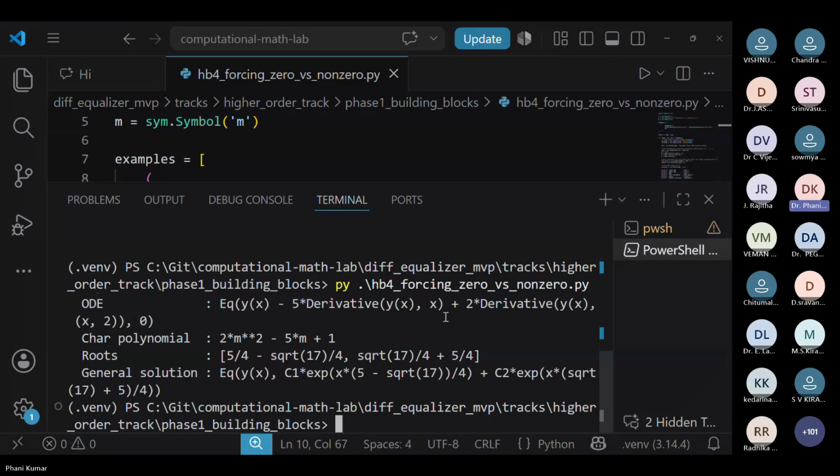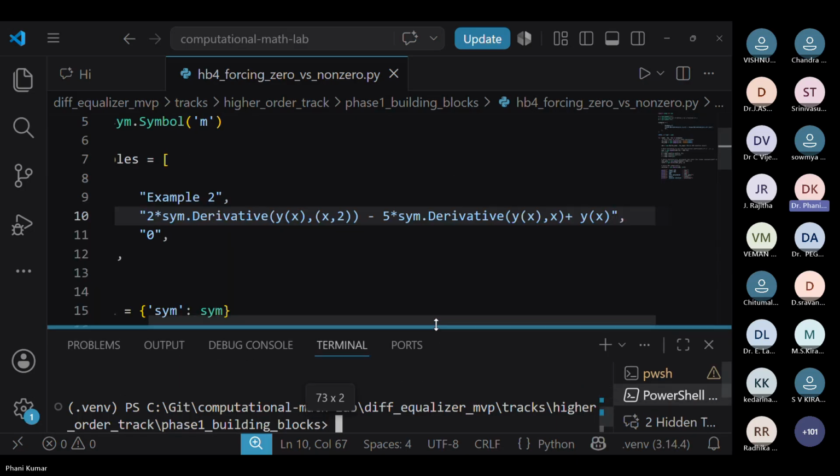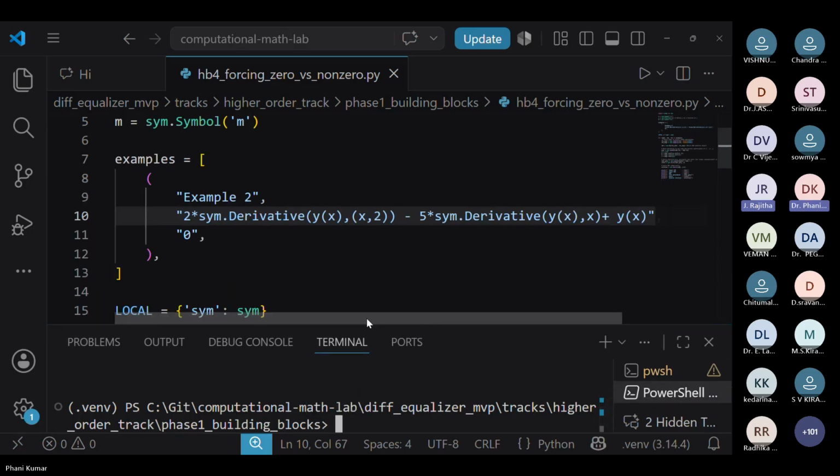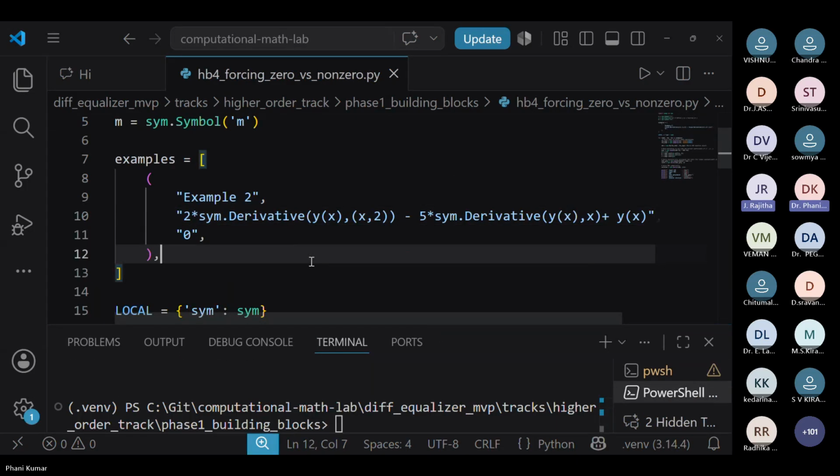So like that, we are going to find out the characteristic roots for different equations. Right. So this is the homogeneous solution of a differential equation.